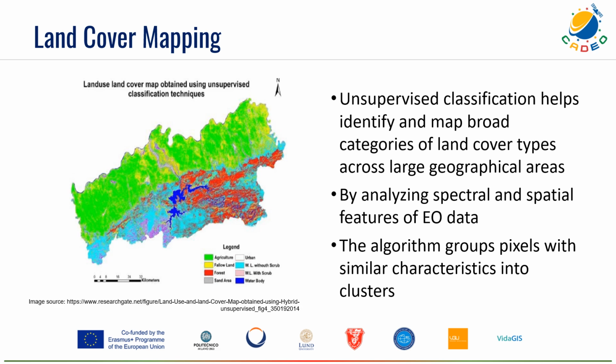The clusters can be interpreted and labeled as land cover types like natural vegetation such as forests, grasslands, and wetlands; built-up areas like urban areas and transportation networks; water bodies like rivers, lakes, and oceans; and bare rock and soil.